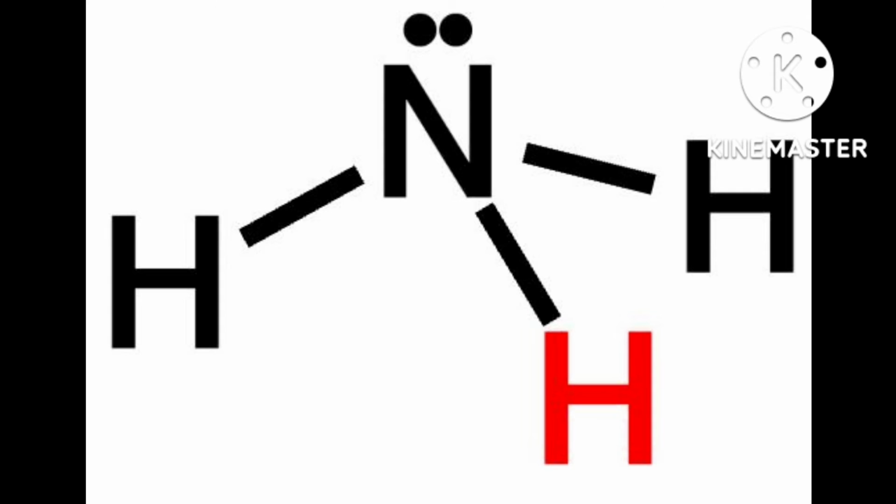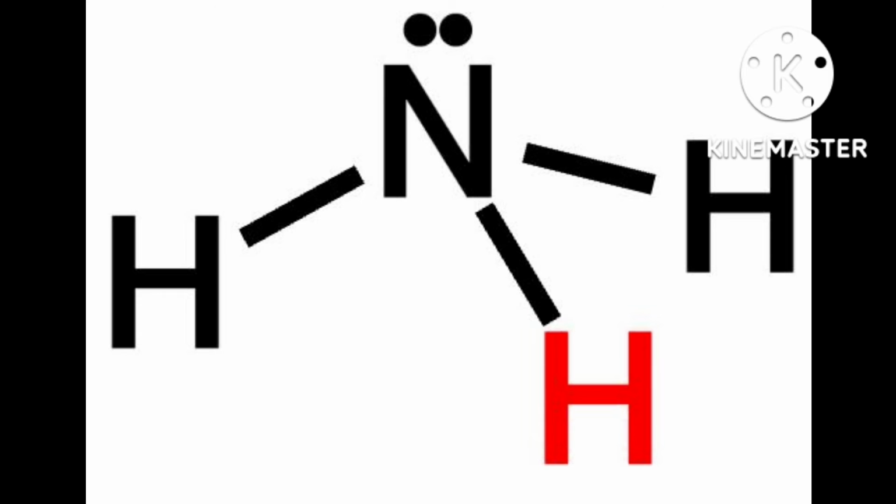Thus the angle is reduced to 104.5 degree from 109.5 degree. One more time I am telling you, because all are important. Here in H2O, 2 lone pairs are there and 2 bond pairs, and its structure is bent.